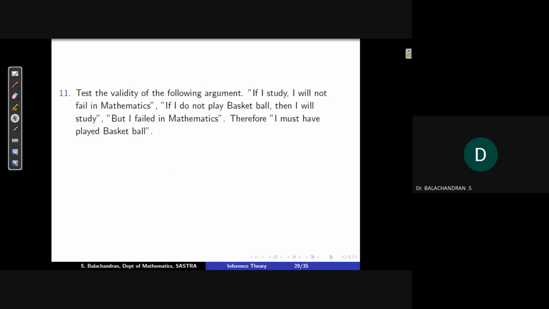Here they are using I study and I will study, so you can take either. That is P. Okay, I will study is P. Next, I will not fail in mathematics. You can take that, or you can take I will fail in mathematics also. That is up to you, but don't take both.